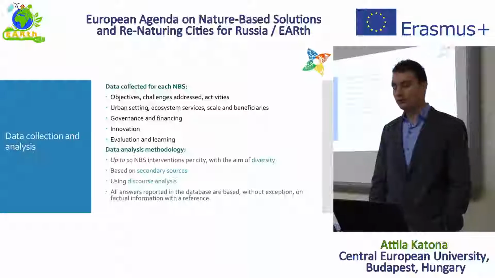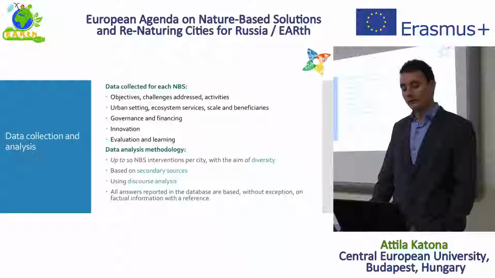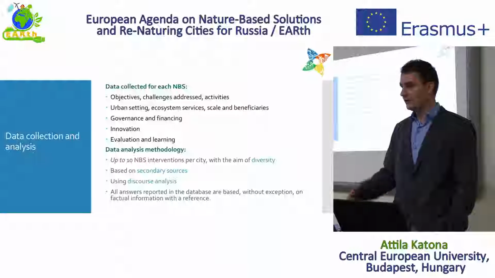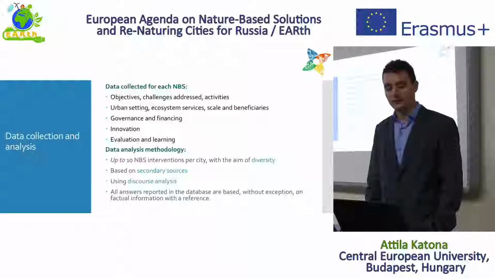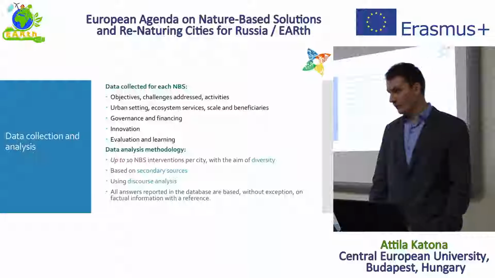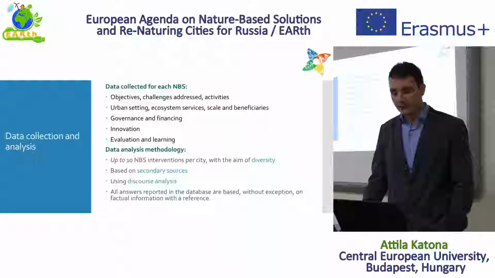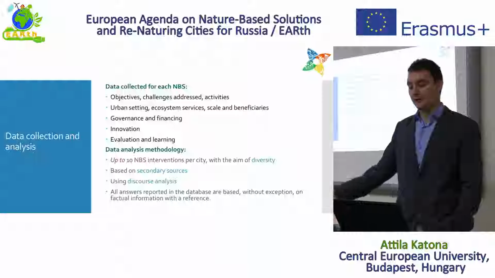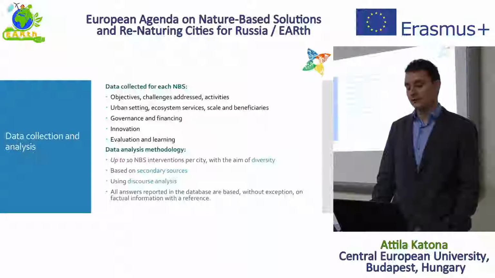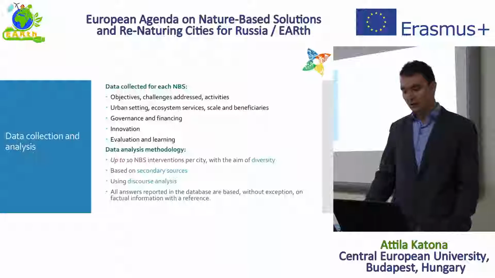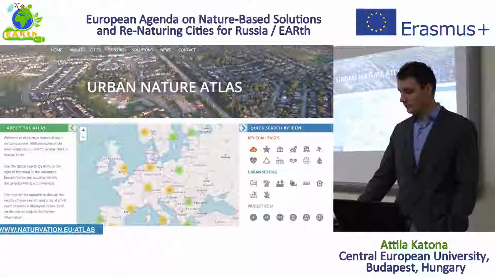This was the methodology for creating the database. We were specifically looking for the challenges addressed and what kind of activities took place, the ecosystem services that were provided, who the beneficiaries were, who was benefiting from this project, how it was funded, and what we can learn from it. So these are the main aspects that we looked into. And so this is how it looks.